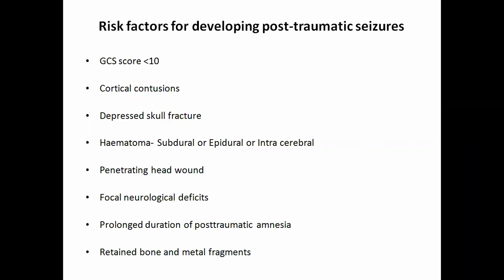If you have any one of them, not all of them, you need to go for prophylactic anti-epileptic drugs even if the child's consciousness is 15/15. You can stop it at the end of 7 days if there are no active seizures after that.